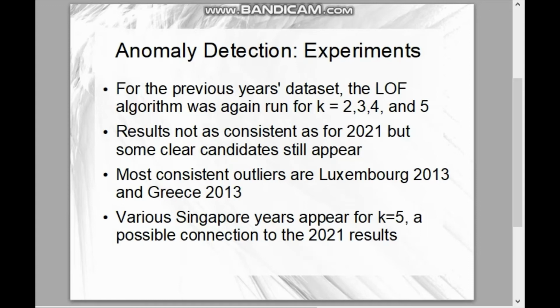The various data points regarding years of measurement for Singapore appear for K equals 5, which is interesting because there's possibly a connection here to the 2021 results where Singapore was the largest outlier.